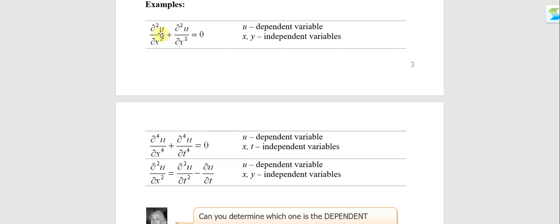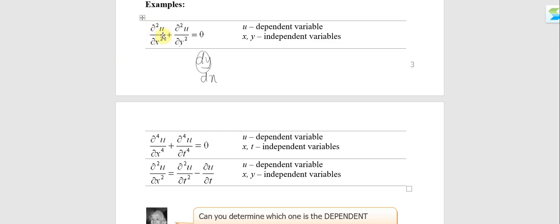For this example you have del square u. Why do we use del instead of d? In ODE just now you have dy over dx, right? But since it is a PDE, we no longer use d, but instead we use del. So del represents the partial differential equation.